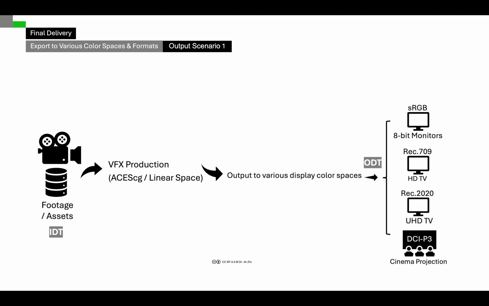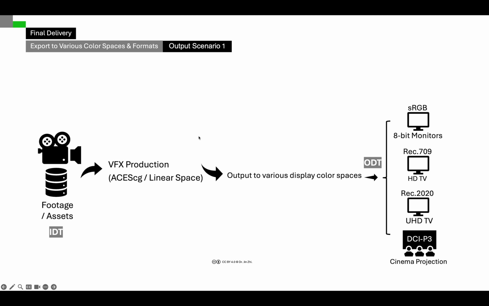After the composition is finished, it's about final delivery. We have two output scenarios in this project. In the diagram here, we have something called IDT, that means input device transform in terms of color spaces. It doesn't matter what kind of color spaces we have in all those assets.